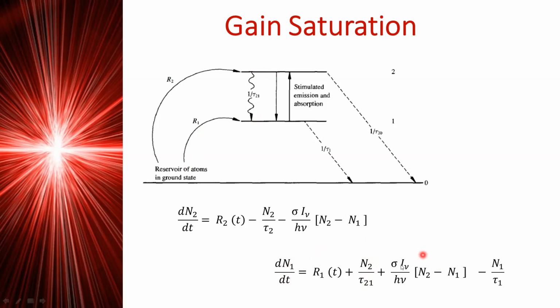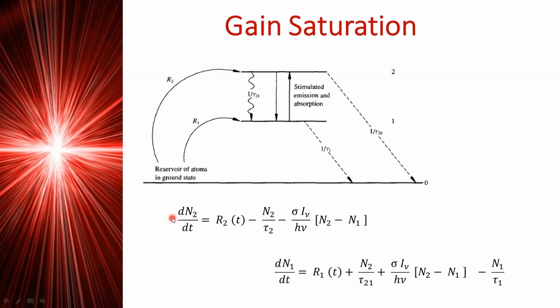Now the stimulated emission is negative, because the stimulated emission decreases the number of electrons in energy level number 2 and increases the number of electrons in energy level number 1. So this term is now positive, which is the stimulated emission, but the absorption is negative. Makes sense? And finally, you have this term which represents the spontaneous emission from level number 1 to level number 0. So this is generally the rate equation for energy level number 1, and this is the rate equation for energy level number 2. Now we have these two rate equations.